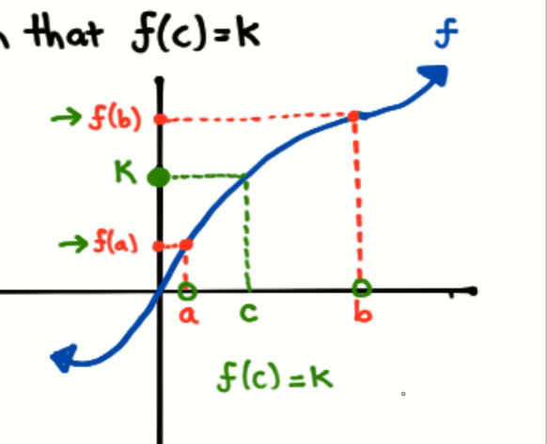So in other words, intermediate between A and B, there's got to be at least one point C where f of C is equal to that k value.